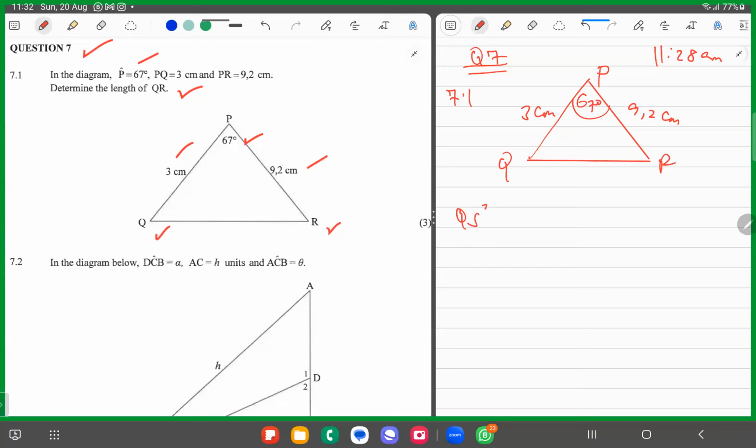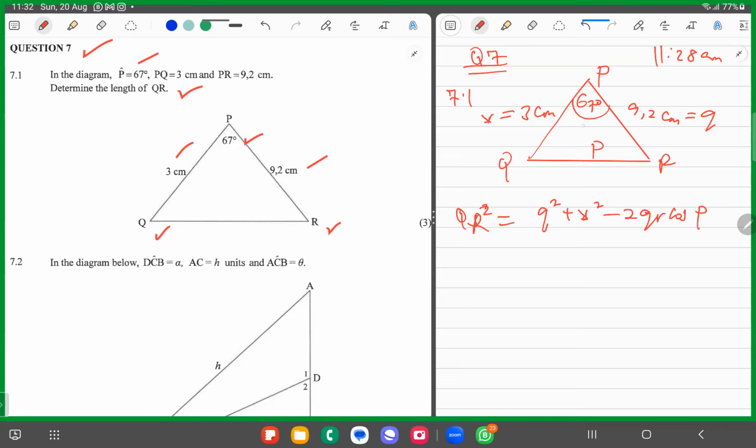Opposite angle Q is small q, opposite R is small r, opposite P is small p, which means we can get QR squared. So QR squared is the same as Q squared plus R squared minus 2QR cosine P, because QR is opposite the angle P.